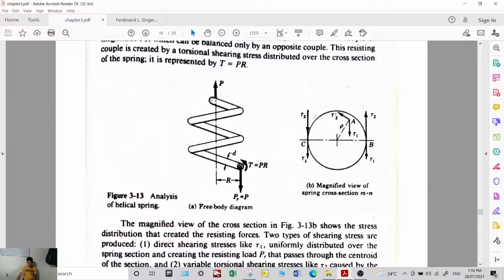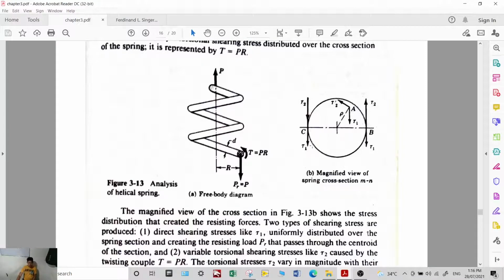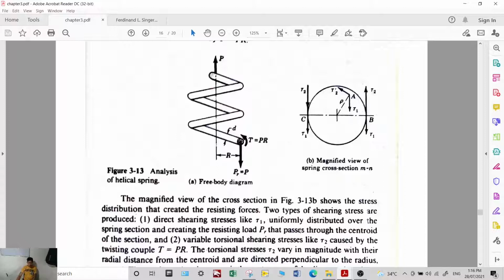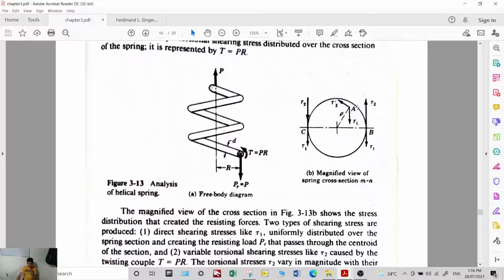You have the stress tau 1, which is what we call the direct shearing stress, caused by this load P. And then there is the variable torsional shearing stress, tau 2, because of the torque, with this orientation.